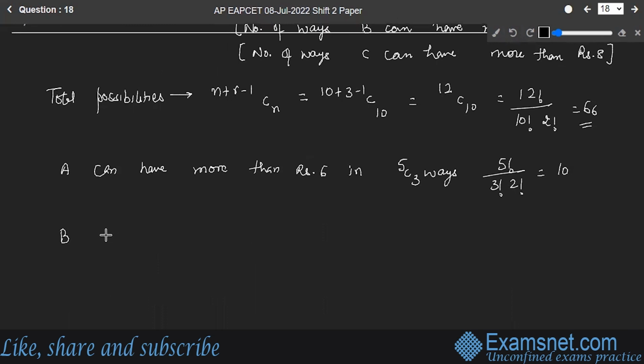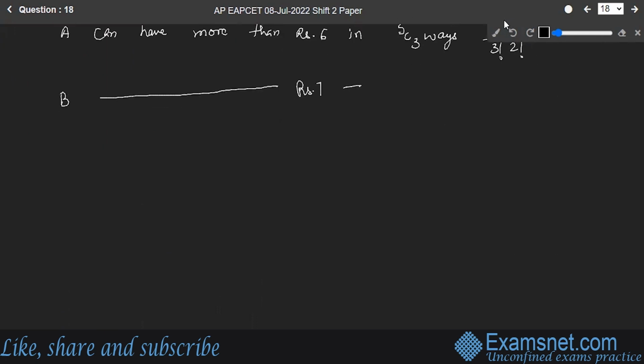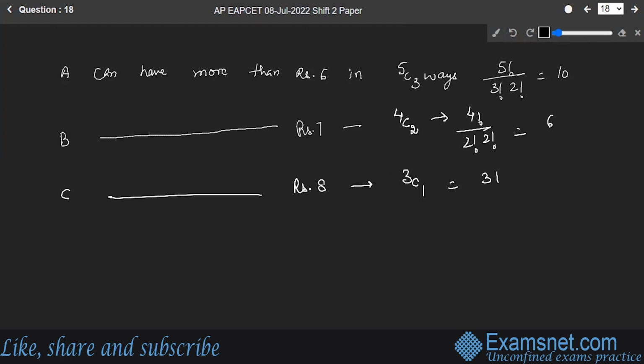B can have more than 7 rupees in 4C2 ways. That is equal to 6. Similarly, C can have more than 8 rupees in 3C1 ways. That is equal to 3.